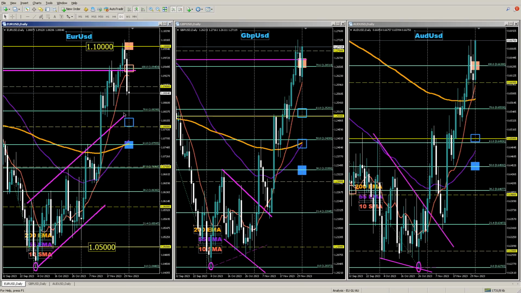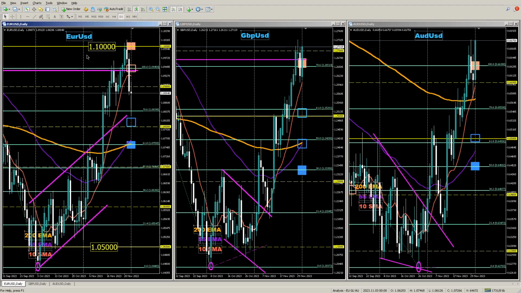And this time, the Euro is looking different from the other two, and in the second half of the week, it has actually turned around after spiking through the 110 and has pulled back quite significantly, all the way back down to almost retest this upper channel trend line.